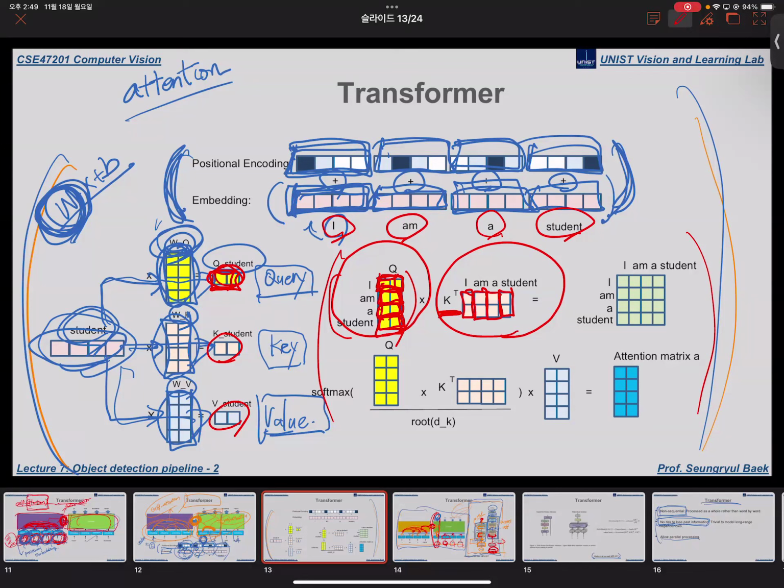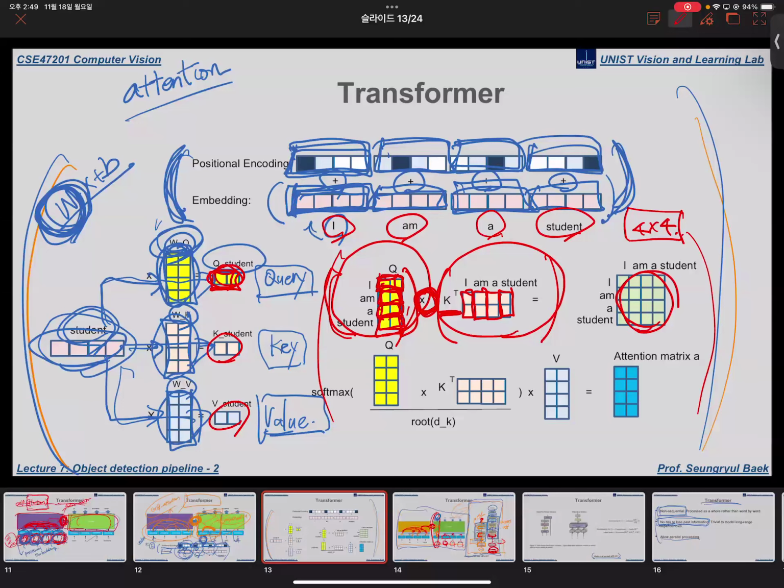By multiplying these two matrices, we get this 4x4 matrix, which calculates the dense relationship between these four words.